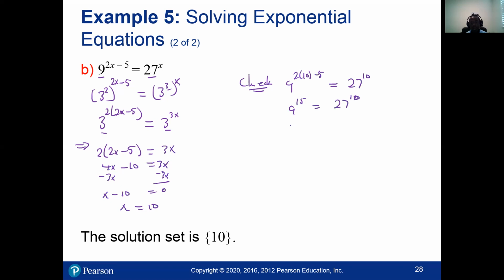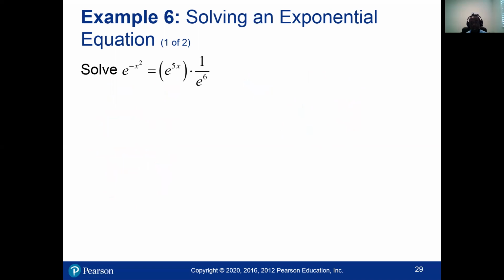Like we did, we're going to write it as 3 squared raised to 15. And then you get 3 cubed raised to 10. So that gives me 2 times 15 is 30, so you get 3 to the 30. And then this side is 3 to the 3 times 10, which is 30. Okay, so this checks.